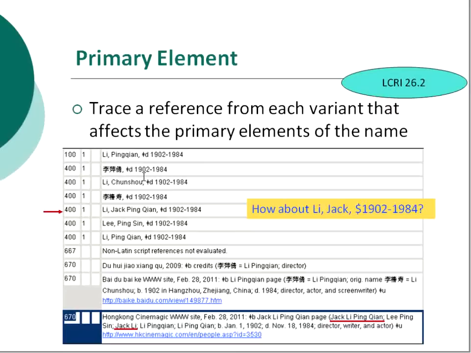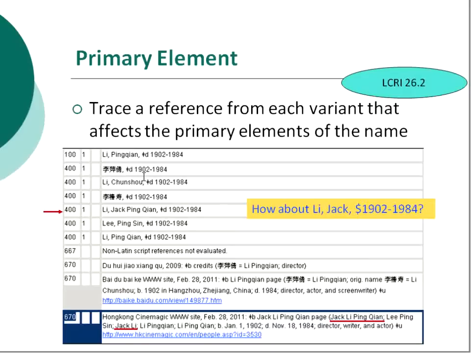So the question for you is, after you provided the cross-reference for the form that's underlined first, would you also consider a cross-reference for the form that's underlined in the second form, which is also showing in the yellow block here? Take a pause and think about your answer.